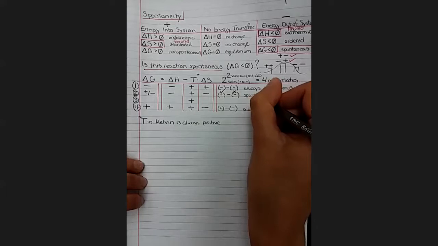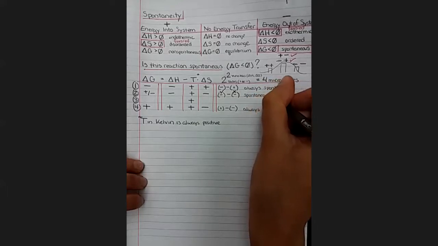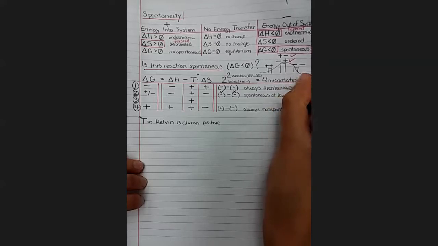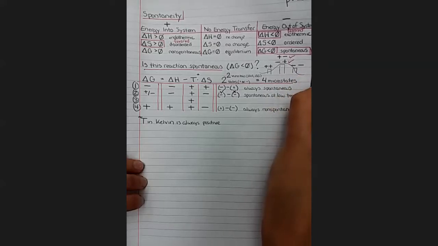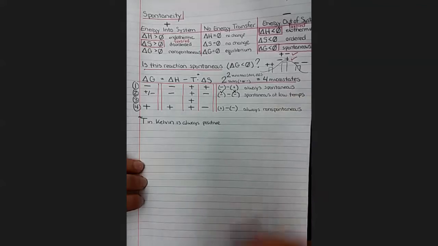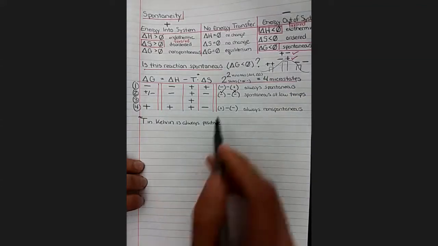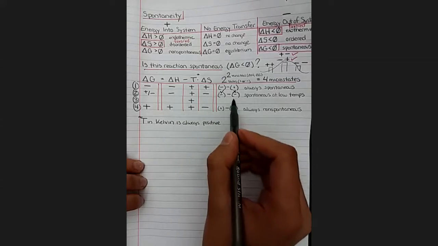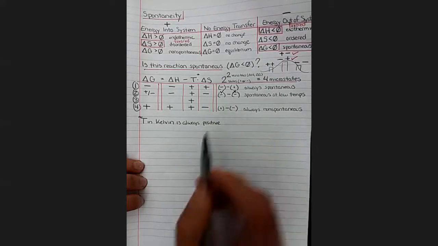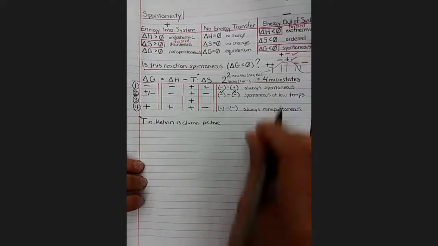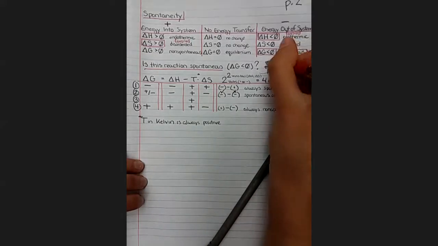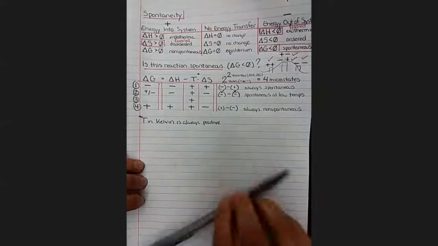So this reaction can be spontaneous some of the time, and that some of the time is at low temperatures. Okay, I hope that makes sense. So if we want to make the negative number as large as possible and that positive number as small as possible by decreasing the temperature, that's our minus microstate. So now we just have positive left.